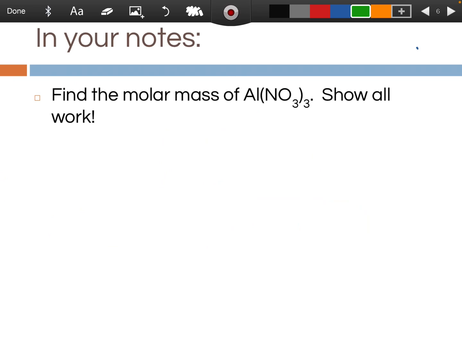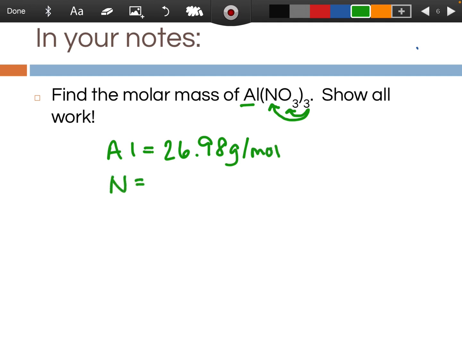In this formula, we have 1 atom of aluminum. The 3 is on the outside of the parentheses, so the 3 applies to the nitrogen and the oxygen. For aluminum, we just have 1 atom, and that molar mass from the periodic table is 26.98 grams per mole. Nitrogen, we have 3 of them, so we're going to take 3 times the mass of nitrogen in grams per mole.